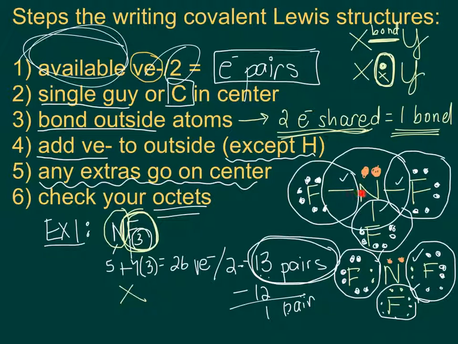There's 1 pair, 2 pair, 3 pair, 4 pair. It might be a little easier for you to see on the bottom one, so let me draw the circle around the bottom nitrogen. Check out the dots. There's 2, there's 4, there's 6, there's 8. So nitrogen got his 8.